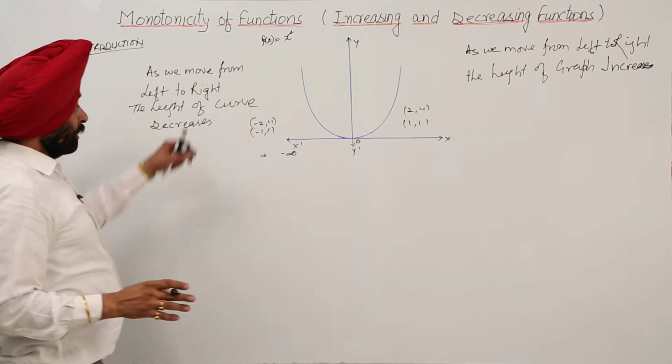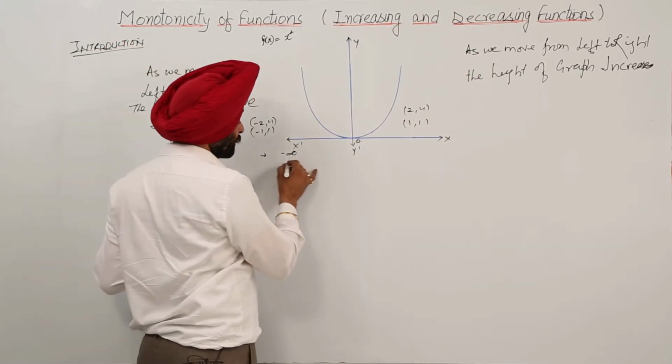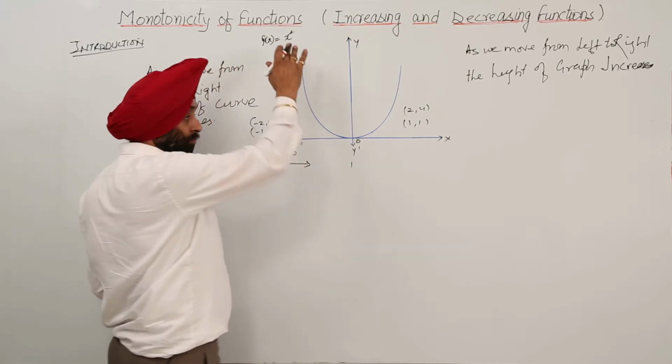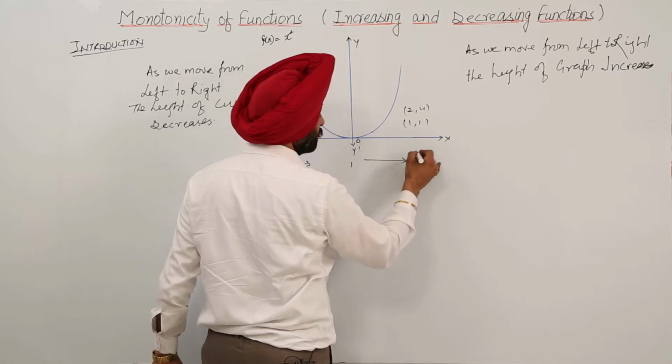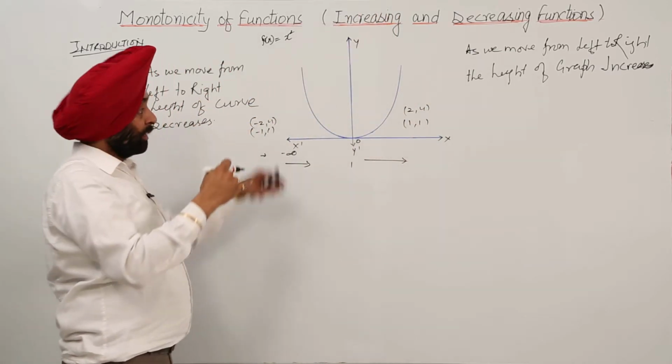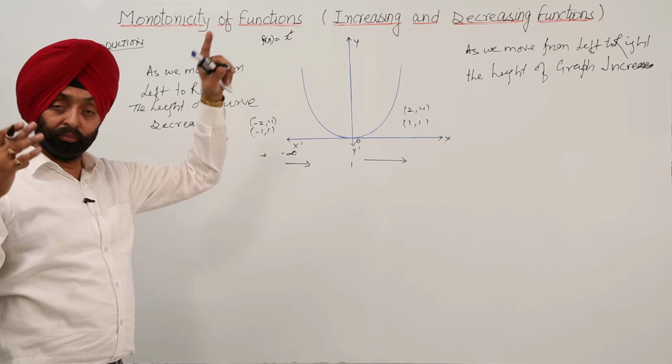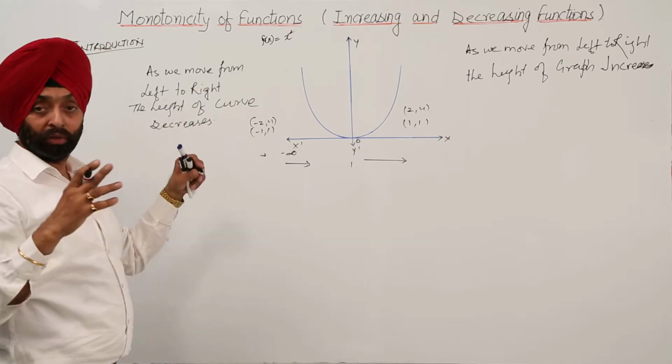Simple thing: when we move from this side up to here, height is decreasing, and from here to here, the height is increasing, and we get a simple graph for one simple function.